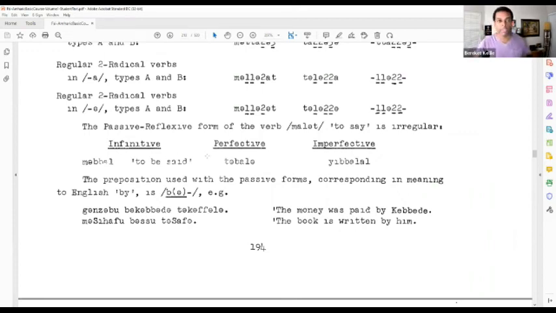I have a printed out version where this passive reflexive form of the verb malet, to say, which is irregular, is kind of whited out. So here in the PDF, it's read a little bit better. So the infinitive, you have babal, to be said, tabala, the perfective form, and then yibalal in the imperfective.